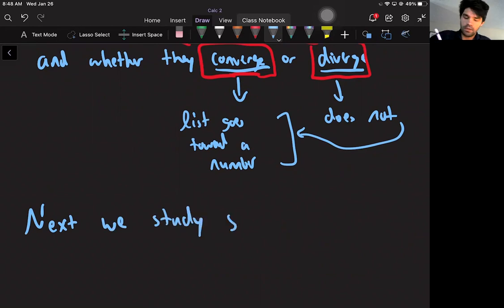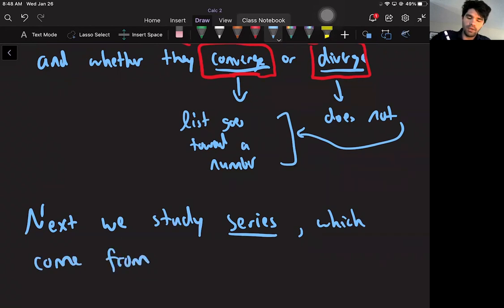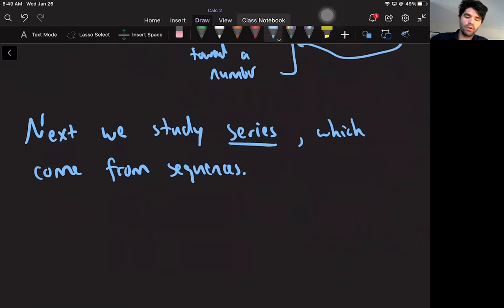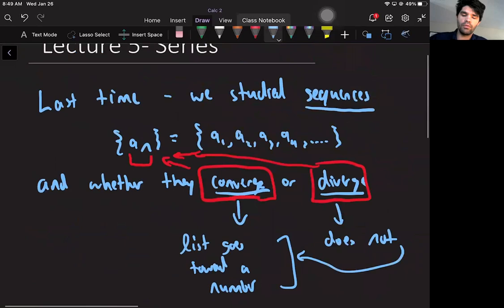Next, we study series. And you can think of them as coming from sequences, but they're not the same thing. So all they are is what you get when you add up all of the terms.